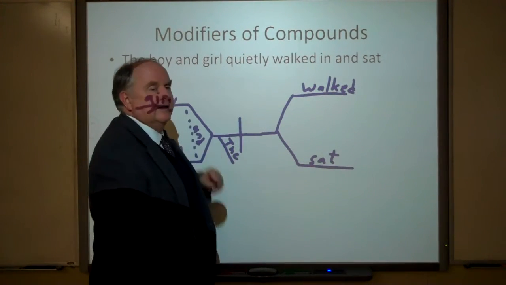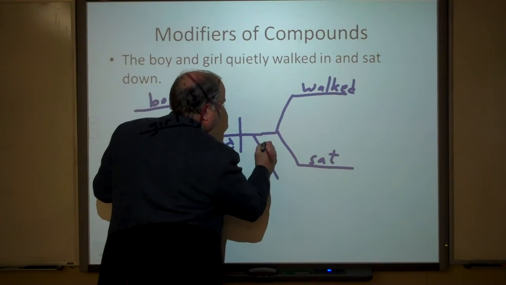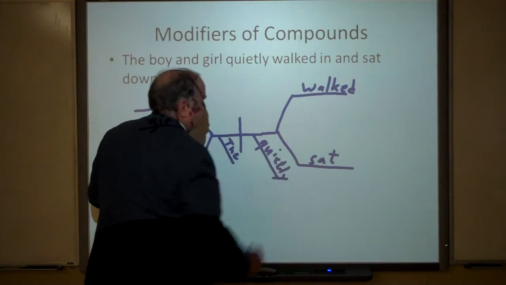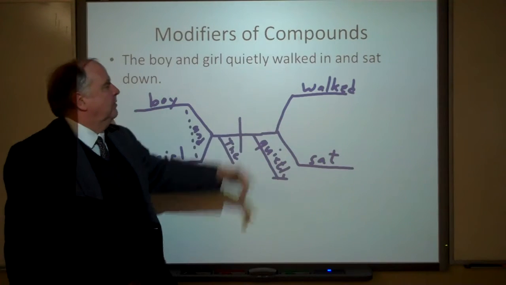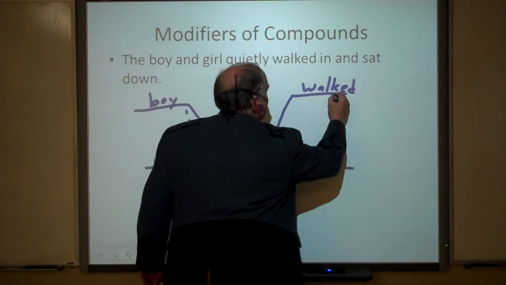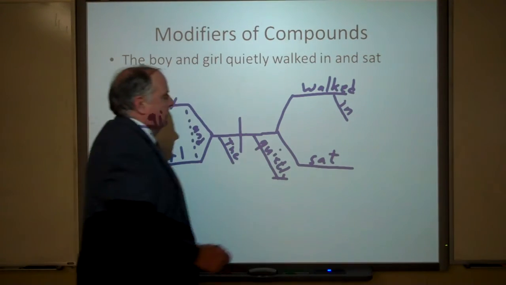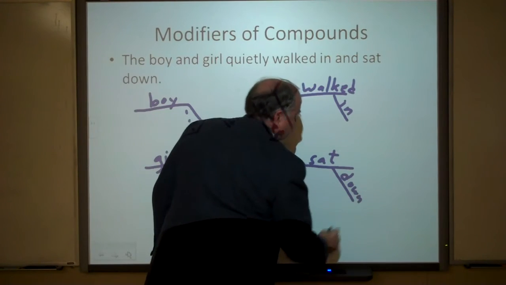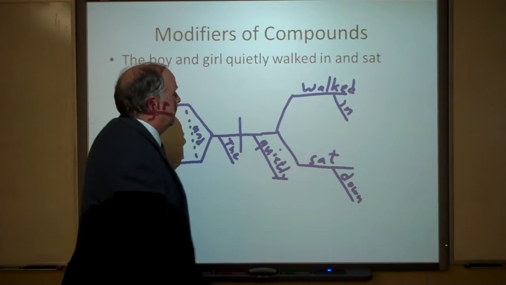Similarly, quietly modifies both walked and sat. So we would write that on the part of the verb line before the split, showing that it modifies both. Now, walked in just modifies walked. Okay. Down just modifies sat. So those would go under the respective verbs they modify.